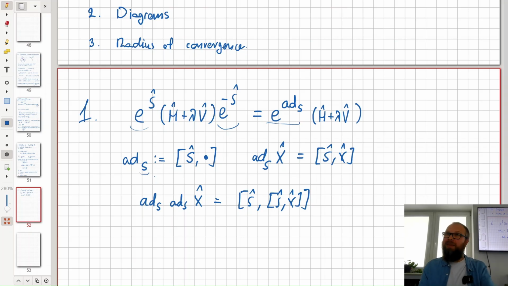Open systems, quantum open systems, if you do some more advanced work, it happens all the time. Adjoint is your friend. Which notation to use is kind of wonky, but it's also kind of standard, so we will use this silly ADS.